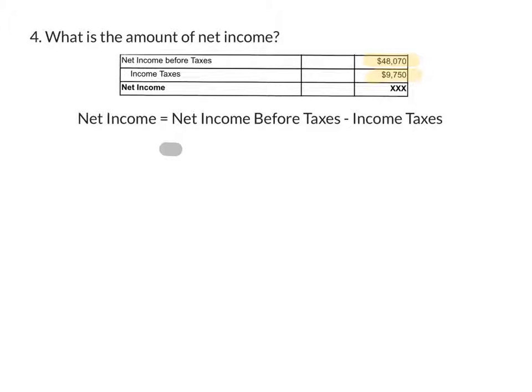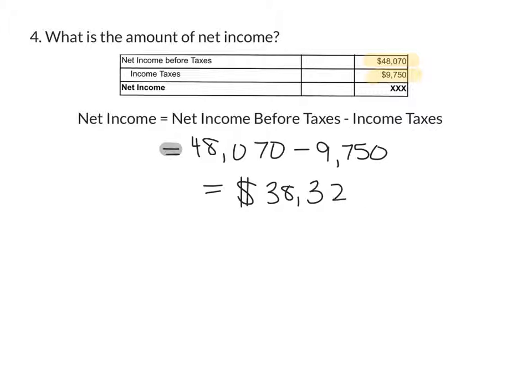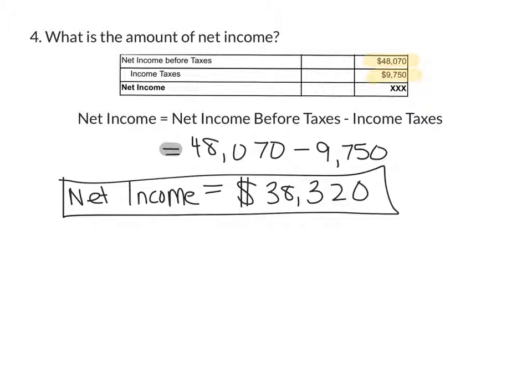So to do that, we'll just take $48,070, which was the net income before taxes, and subtract $9,750. When we do that calculation, we'll get an answer of $38,320. So this is our net income. And this is usually the last line of the income statement.